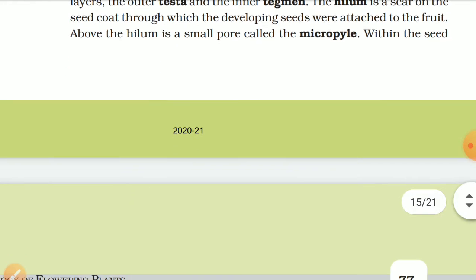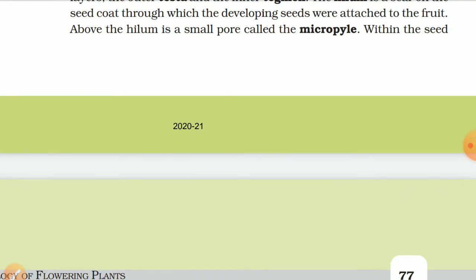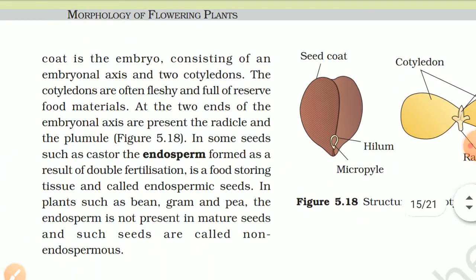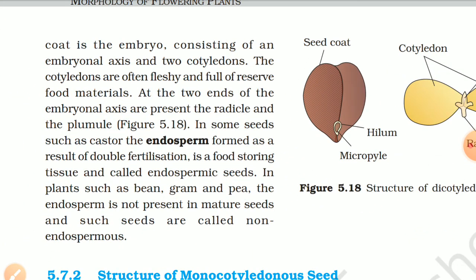Above the hilum is a small pore called the micropyle. Within the seed coat is the embryo, consisting of an embryonal axis and two cotyledons. The cotyledons are often fleshy and full of reserve food materials. At the two ends of the embryonal axis are present the radicle and the plumule.